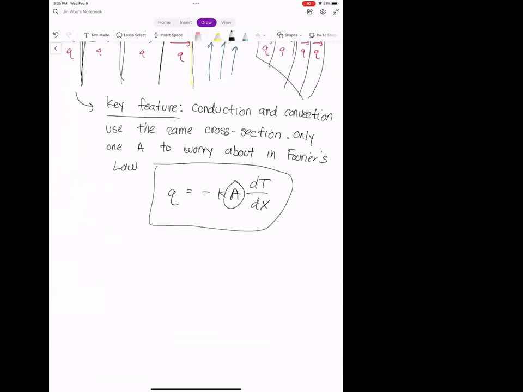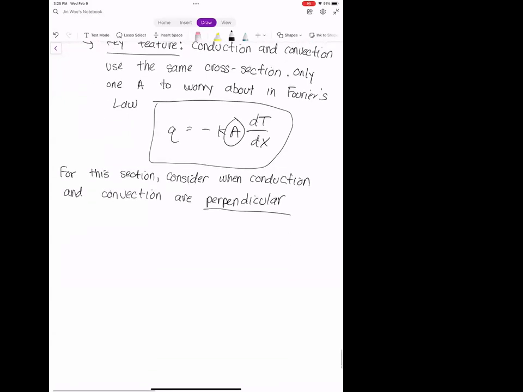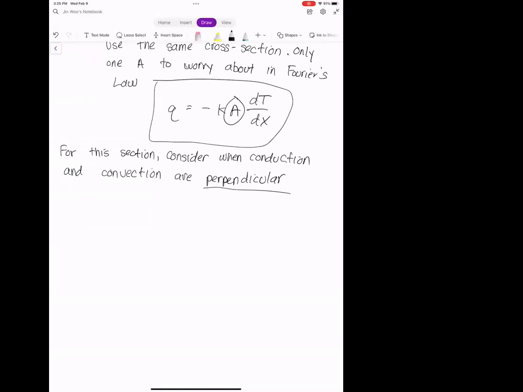And so for this particular unit, I want to consider situations where conduction and convection are actually perpendicular to each other. And so visually, it looks something like this, where let's say that we have some extended surface.